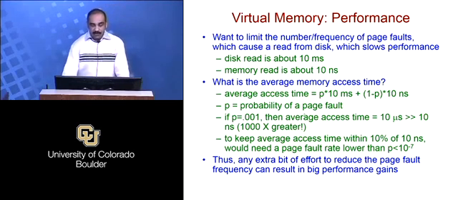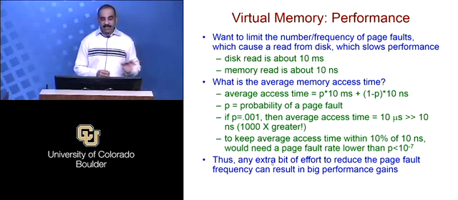But if you do this calculation, you will see that your average access time is about 10 microseconds. Compare that with 10 nanoseconds. Even though your page fault probability is so low, still your access time is increased by 1,000 times. So the page fault has a significant impact on the performance of your overall system. Thus, any extra bit of effort to reduce page fault frequency can result in big performance gains.